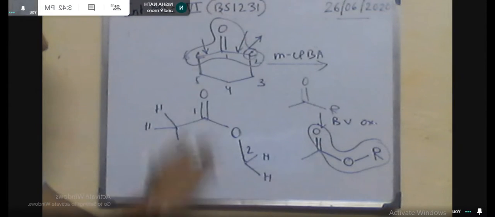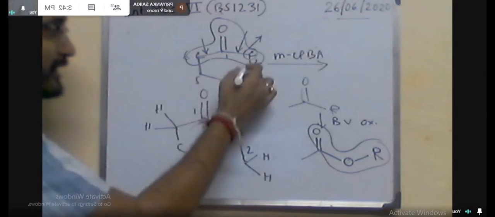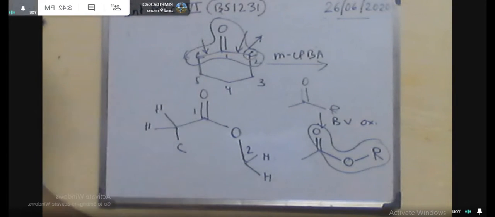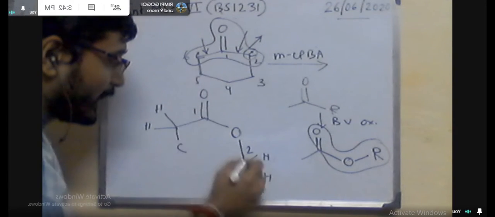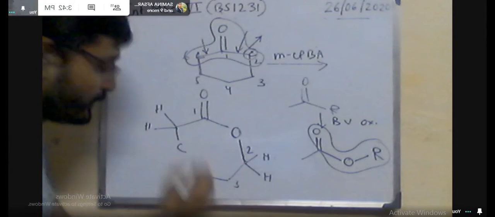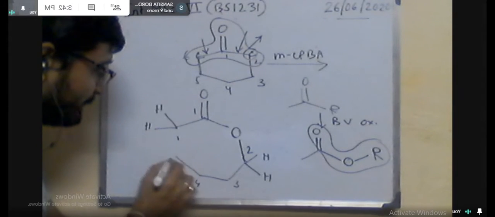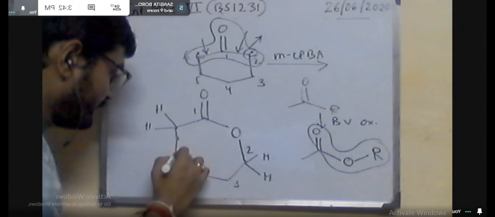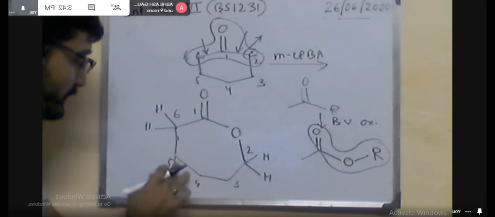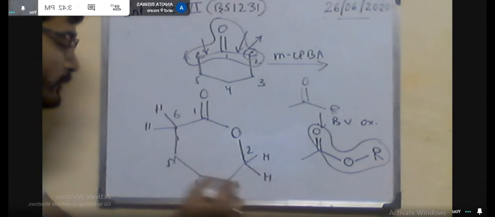Now if we perform the ester hydrolysis, this bond will be broken because this is the ester bond. So there will be the ester hydrolysis and you will get H here and OH here. So that means alcohol and acid, and as this is the cyclic ester, you will get both the acid group, that means the COOH group, and the OH group in the same molecular framework.